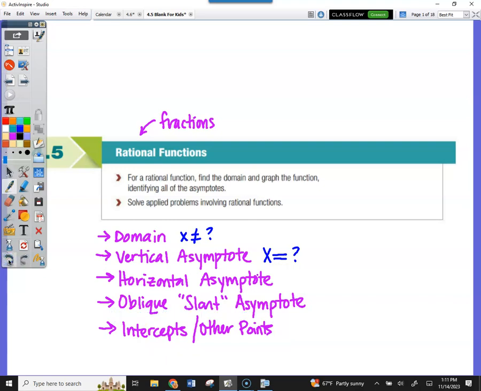Yeah. So we've done this, we've done this. Now we have horizontal and slant. The beautiful thing about these two aspects is when a graph has a horizontal asymptote, it means there is no slant asymptote. When a graph has a slant asymptote, it means there was no horizontal asymptote.